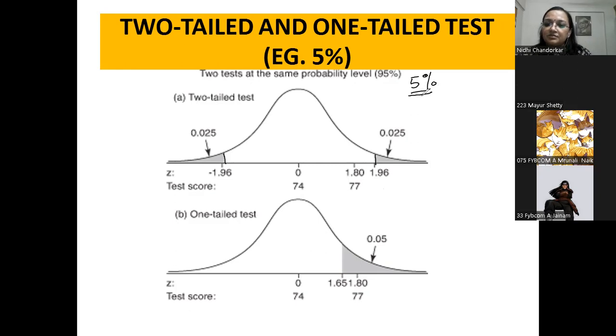So this 5% will get divided into 2.5% here and 2.5% here. Okay. So when we convert 2.5% in decimals, what will happen? It is 0.025 here and 0.025 value of alpha here. So rejection area will get distributed in two different directions.